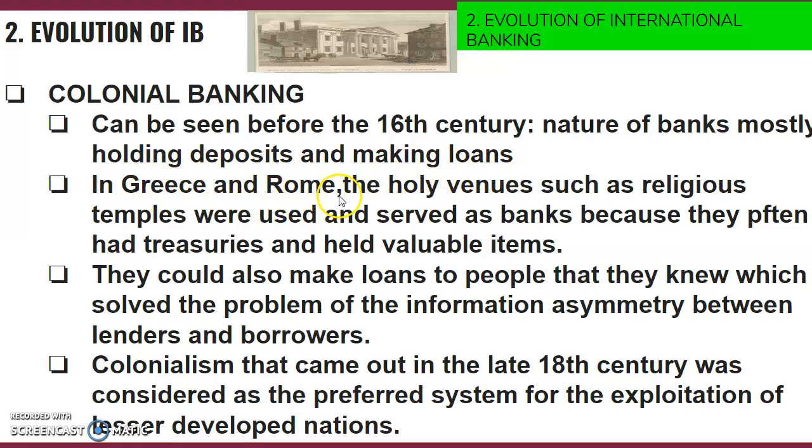In Greece and Rome, for example, the holy venues such as religious temples were used and served as banks because they often had treasuries and held valuable items. Right, in Greece and Rome, di mana mereka menggunakan holy temple mereka, kuil-kuil mereka, dan di kuil inilah penganutnya membuat pinjaman wang.